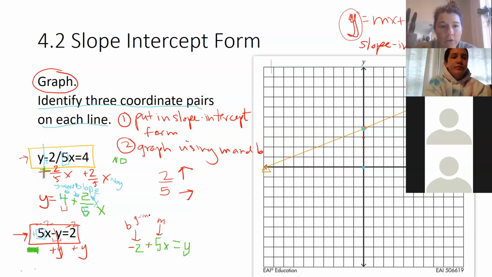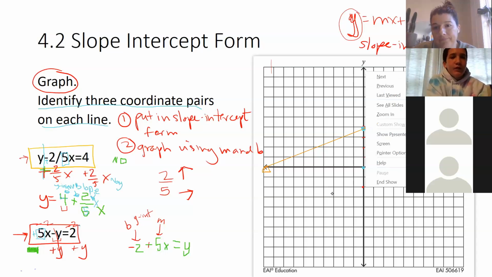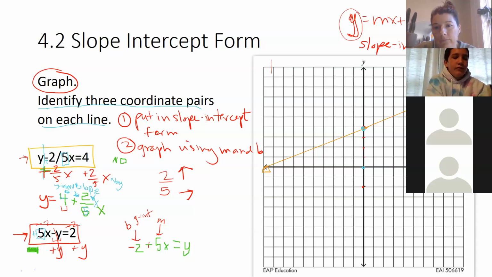So our graph is going to cross the y-axis at -2. Nice. Okay, our slope is 5. How can we rewrite that so we can see the rise and the run? Nice. So we're going to go up 5 over 1.